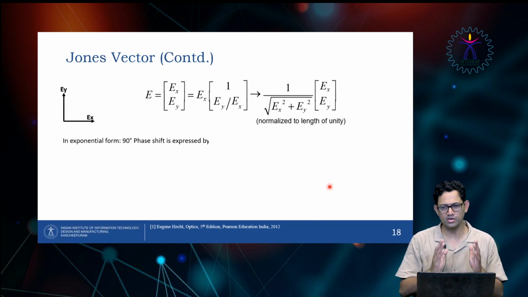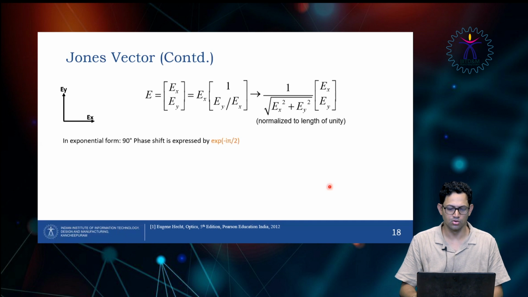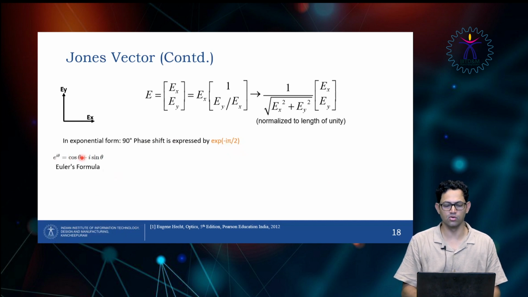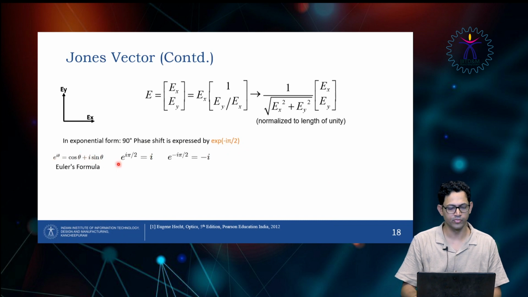The first thing is to know some mathematics, that is how we represent a phase shift of 90 degrees. In complex terms, a 90 degree phase shift is given by exponential of minus pi by 2. Now if you see Euler's formula, exponential i theta equals cos theta plus i sin theta, and if you put the value of theta as pi by 2, that's what I was suggesting, that either it is a positive phase shift or a negative phase shift.